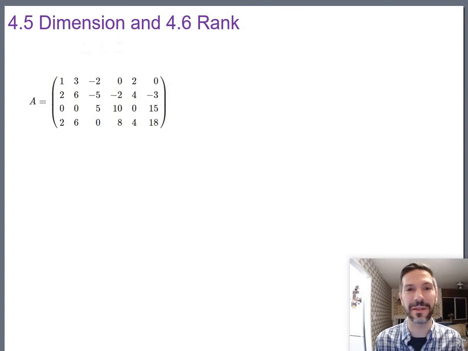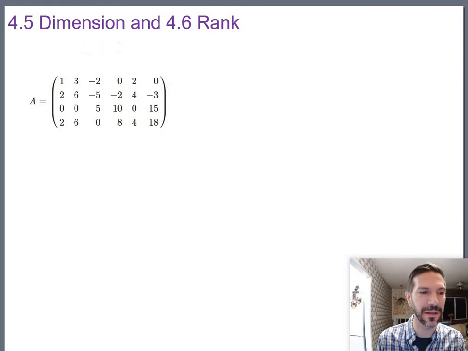And since they use these nice three-letter abbreviations, we get to write down cool things like we want the dimension of the column space of A, and we also want the dimension of the null space of A.